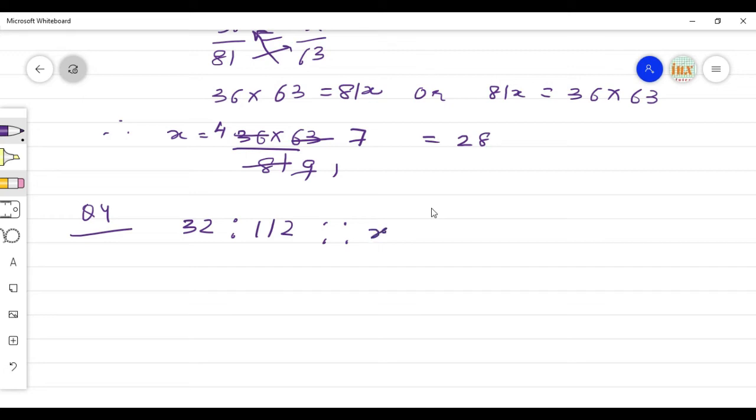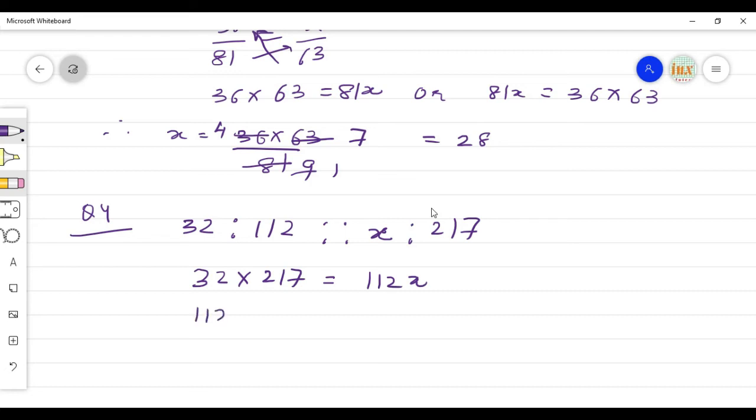We do not know the third term, so we will write x is to 217. So now we have to find the third term, which we have presumed to be x. So we get 32 into 217 is equal to 112x, because product of extremes is equal to the product of means.